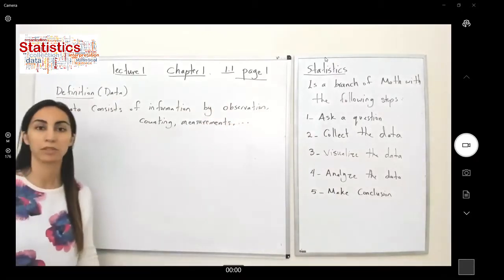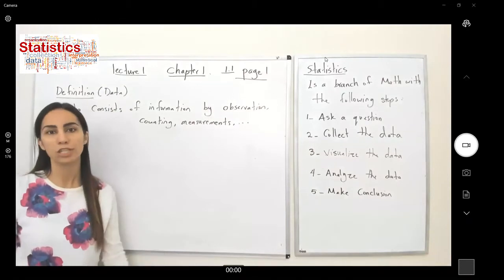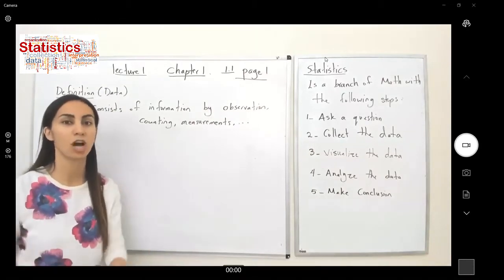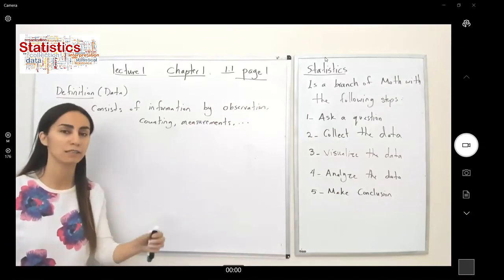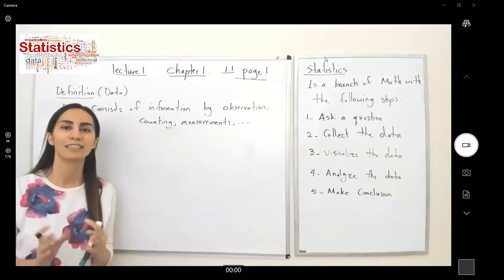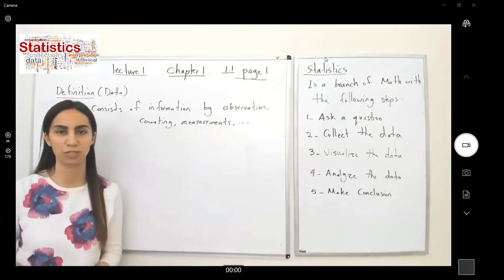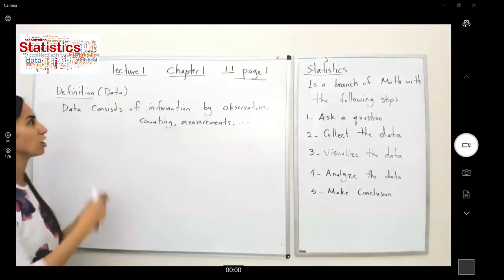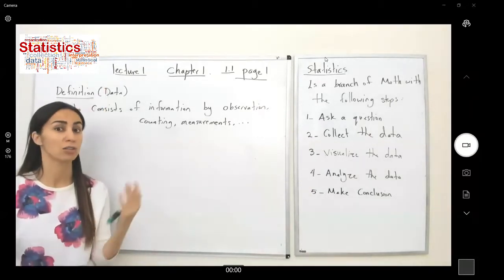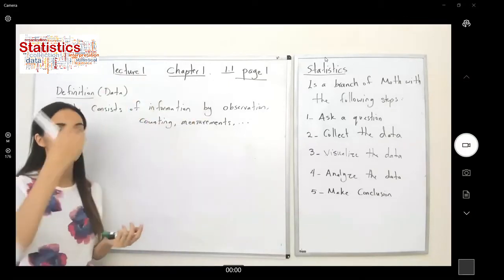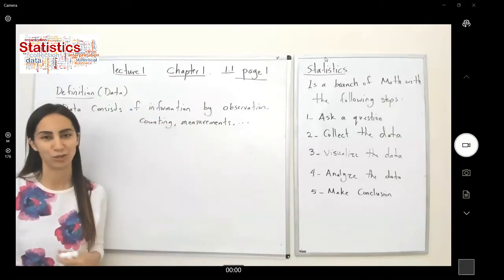So it can be numbers, it can be objects. That's why we have two different types of data. Either we can assign a number to them, or we can assign a category to them. We're going to talk about them later. So this is the official definition of data. As you can see, data includes observations, counting, measurements, and so on.